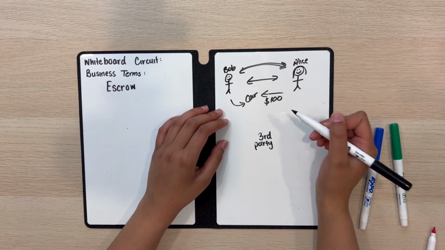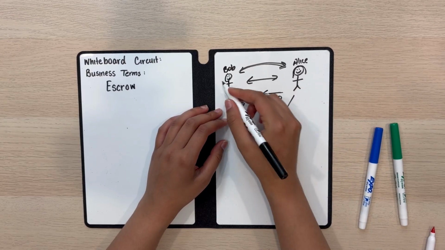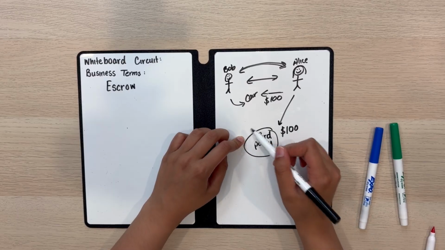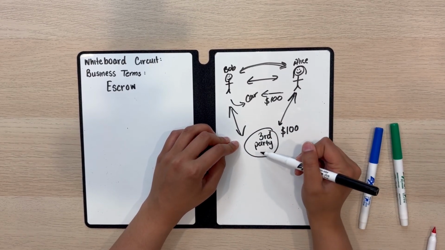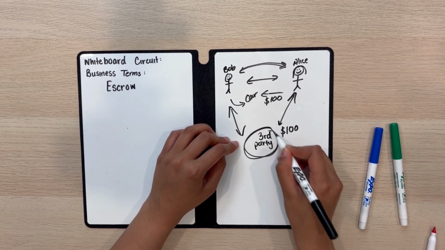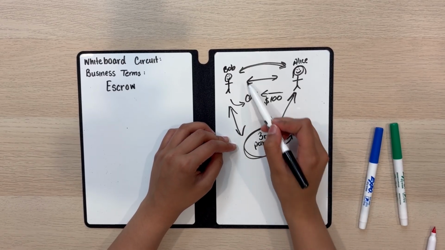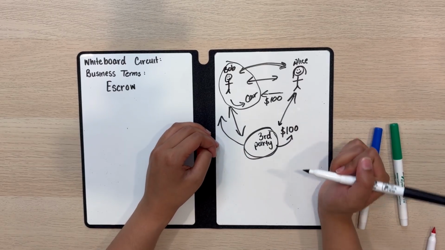In that case, what they can do is Alice will pay the $100 she owes Bob to a third party. Now, this third party should be someone both of these guys trust. So she pays $100 to a third party, and the third party holds on to this money until Bob fixes her car. When this transaction is done, then the third party will release the money to Bob.